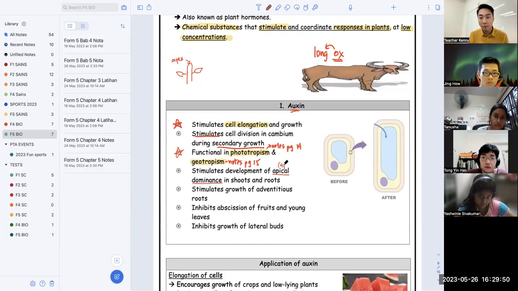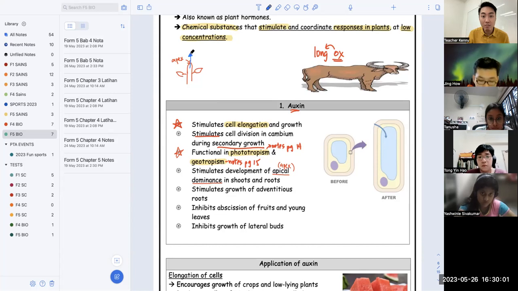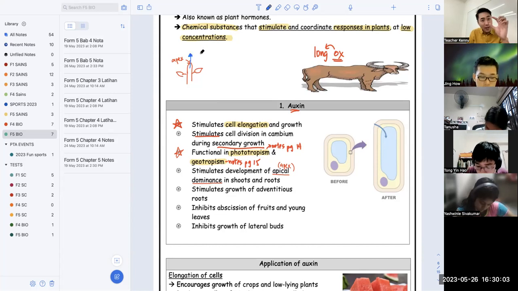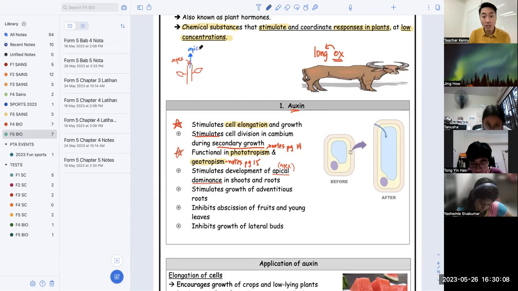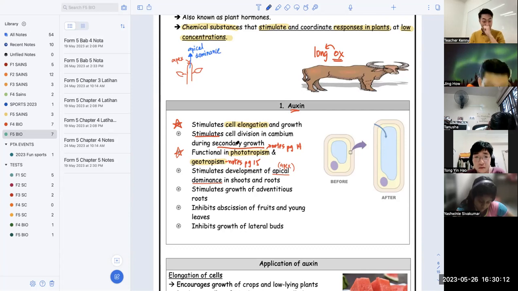So basically, I'm making the plant grow dominantly on the apex, meaning I am making the plant grow upwards. That means the apex part is dominating the growth. This is called apical dominance. Understand or not? The tip of the plant and the tip of the root grow. Very positive, very encouraging kind of hormone.